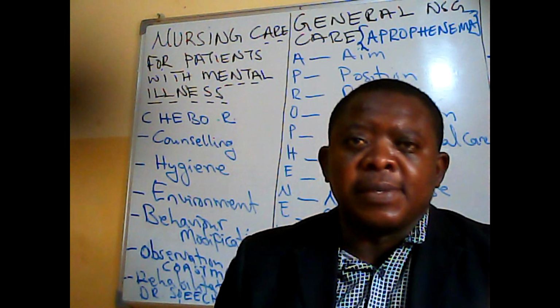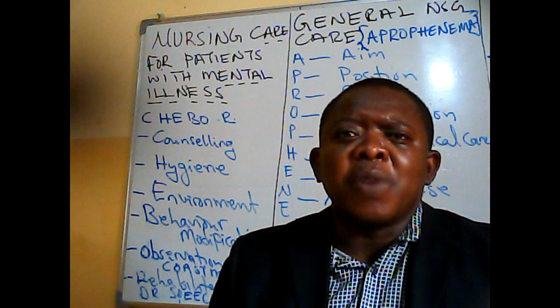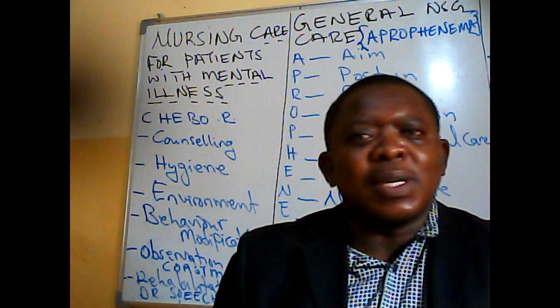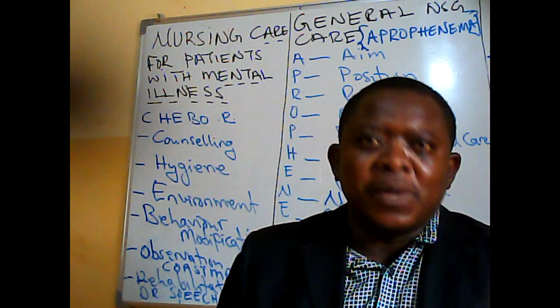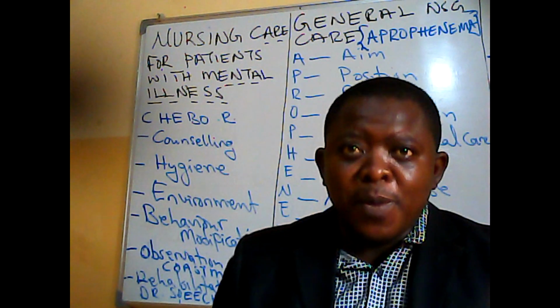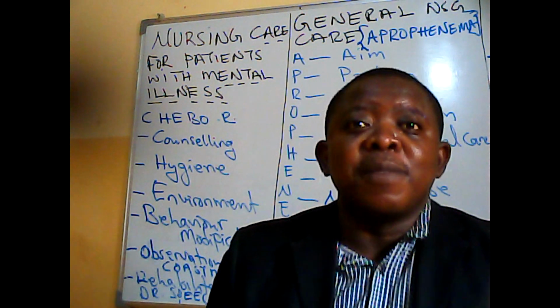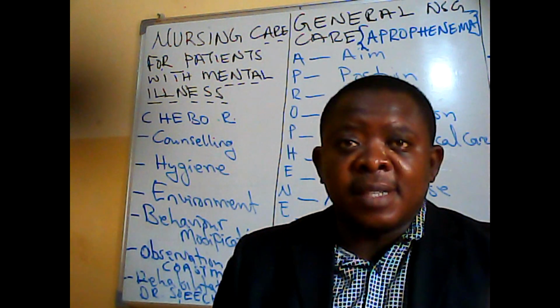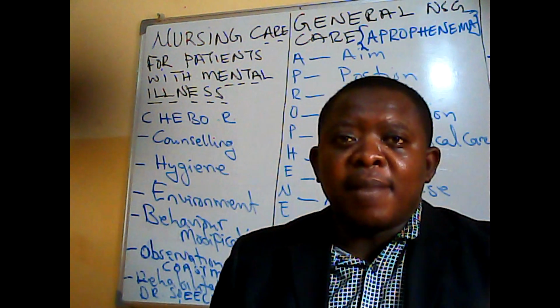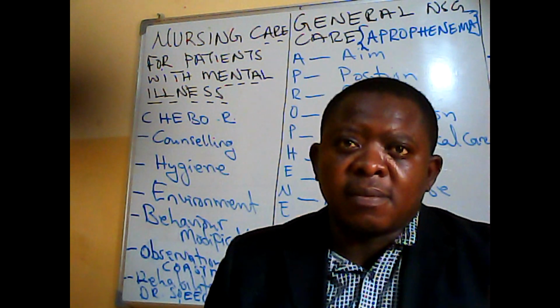So P is for perception. So we have all the ability to look at what is in the acronym in the observation, apart from temperature, pulse, and respiration, which are likely to be normal. But I'm saying they are also very important because they help you to understand the effect of the drugs that the patients might be taking.